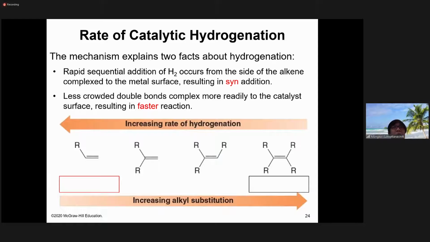When it's bulky, it is harder for the alkene to bind onto the surface of the metal. So the terminal alkene here, the one on the left, will be the most reactive, and the tetrasubstituted alkene will be the least reactive. In fact, the tetrasubstituted one is very hard. You need quite high temperature as well as hydrogen pressure to perform the hydrogenation.